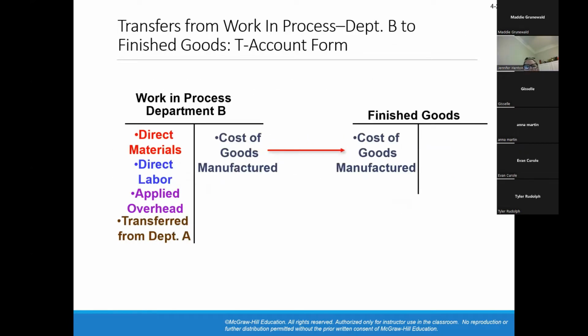Okay. So what happens when we're finished with everything in B? B has its own direct materials, labor, and overhead. So maybe in that assembly department for the car, we have the frame, but there were some things that had to go into it before we were ready to put the doors on. So maybe they have some things that they're doing in that department.